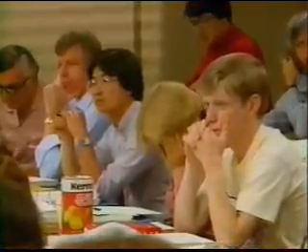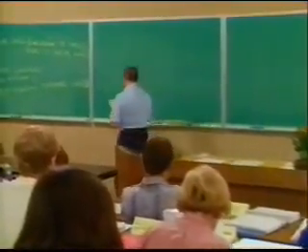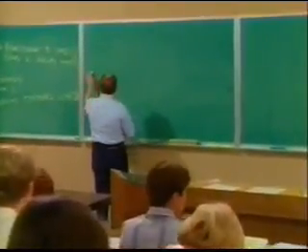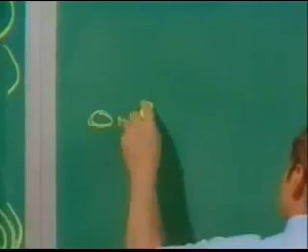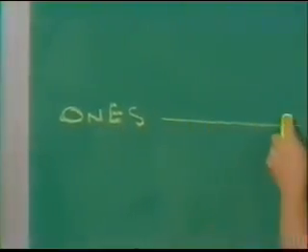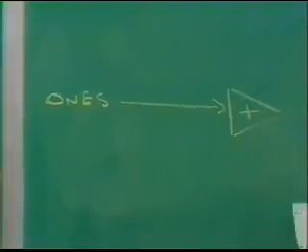Okay, let me draw a picture of that integers thing because it still maybe seems a little bit shaky. I've got this stream of ones, and that comes in and goes into an adder. That's going to be this add-streams thing.